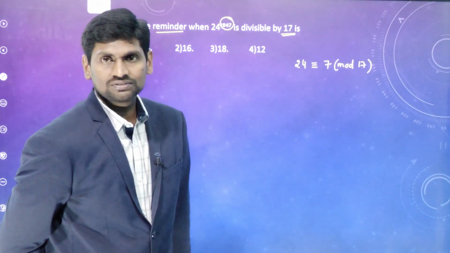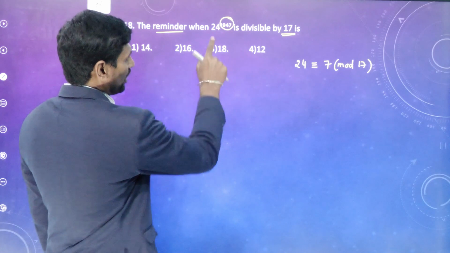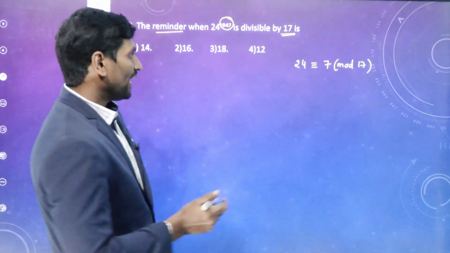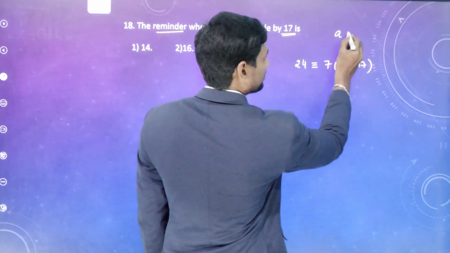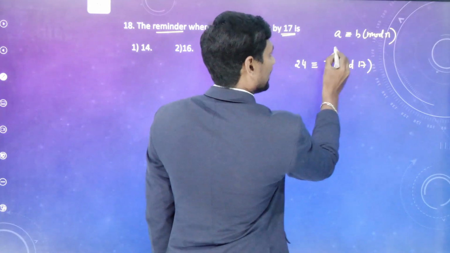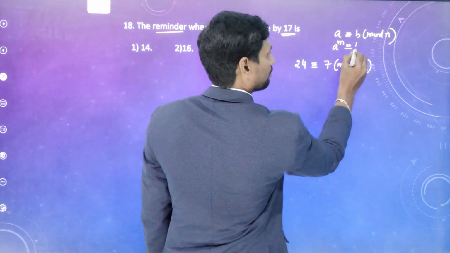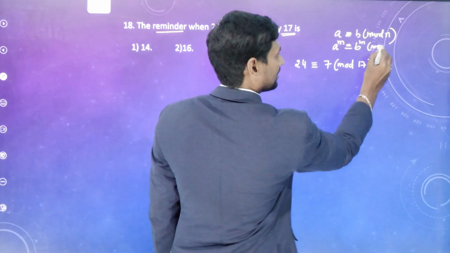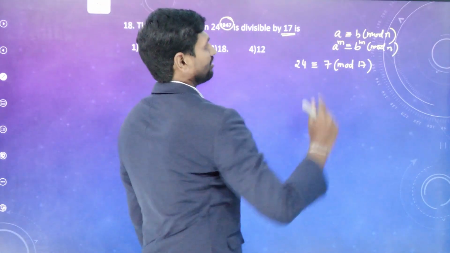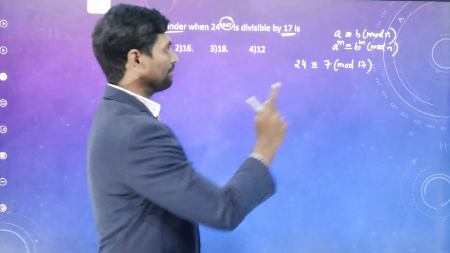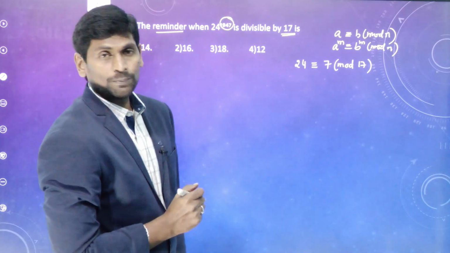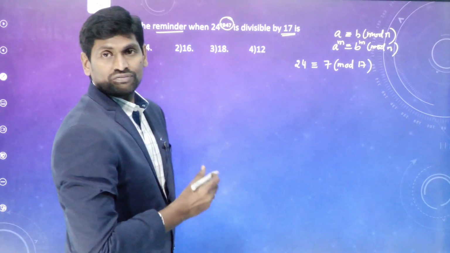Clear until then? Right. But I want 24 power 1947. According to the congruence rule, if A is congruent to B mod n, then A power m is congruent to B power m mod n. That means we can extend that exponential form on both sides equally up to m, A power m, B power m. But here what we want is 24 power 1947.